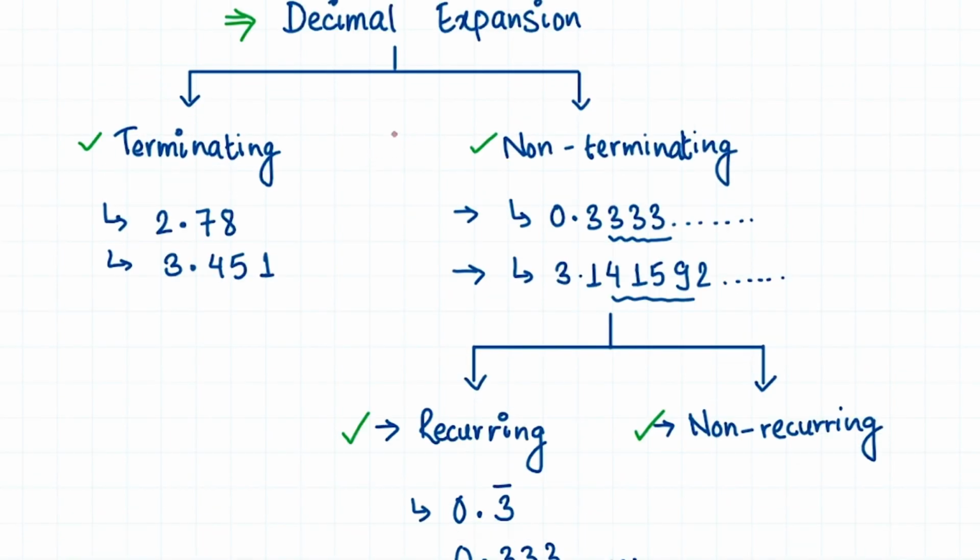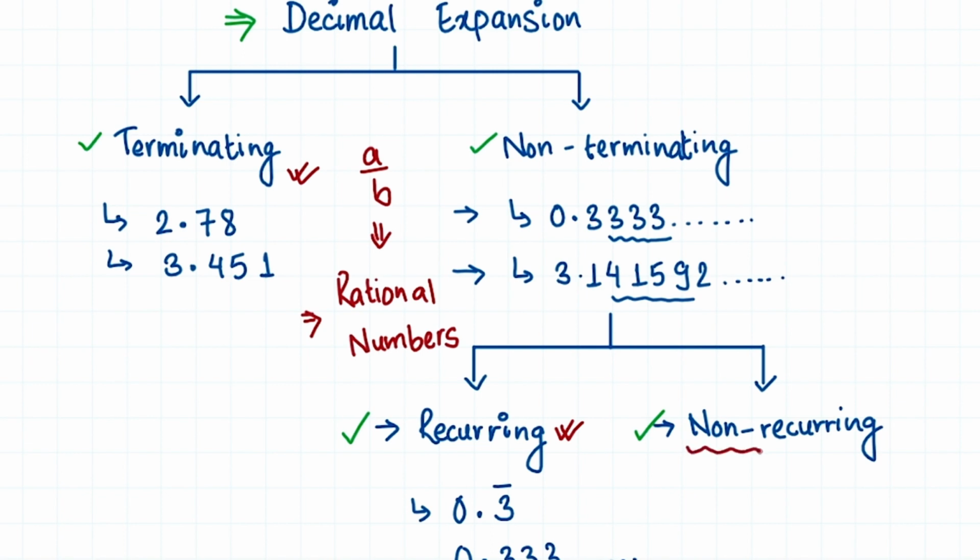Now, why am I talking about these different types of decimal expansion? The reason is in our question, we have different types of fractions, right? And these fractions are rational numbers, okay? And these rational numbers can either be terminating or they can be recurring and non-terminating, okay? The non-recurring, non-terminating decimal expansions are irrational numbers, okay?